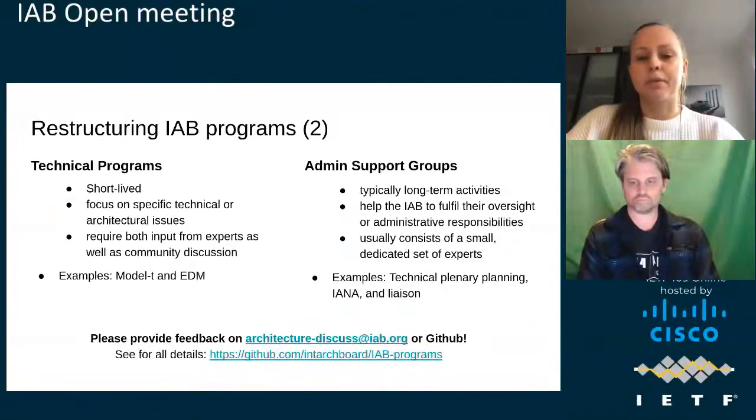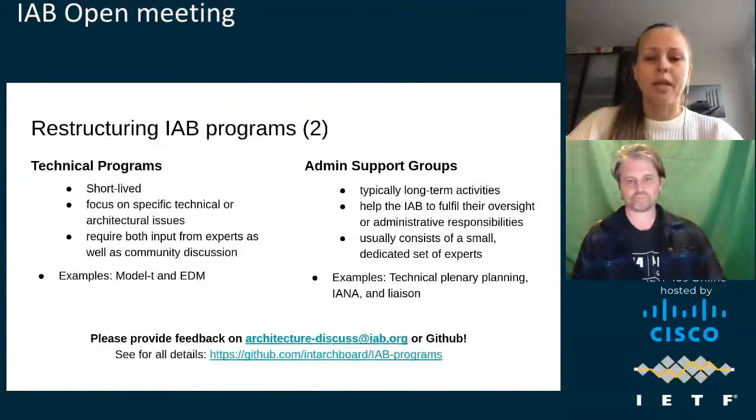And we're also reviewing these. So this slide is really to provide awareness. We've sent out a call for feedback on the architecture discuss list. We discussed this for a while internally. We also try to clarify the procedures we want to use to manage these things, also to provide more transparency in the community, and to also maintain expectations and knowledge about what these things are and how they're supposed to work.